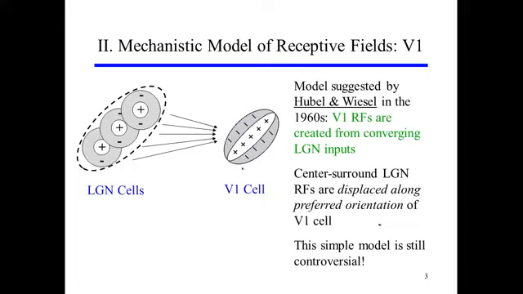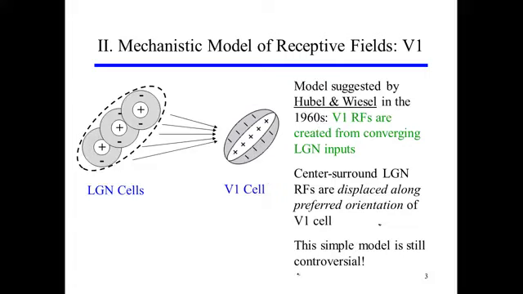In other words, this cell in V1, or primary visual cortex, is going to behave just like the cell that we saw in the Hubel and Wiesel movie. It's going to respond to any bar that is bright and has this particular 45-degree orientation. So this is a mechanistic model of how receptive fields in V1 of this kind are constructed, and this was suggested by Hubel and Wiesel in the 1960s.